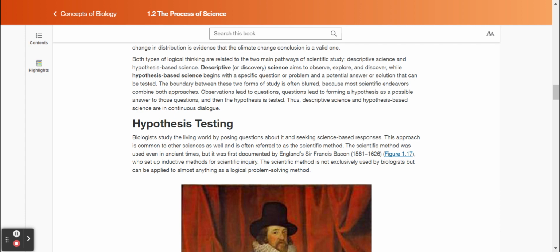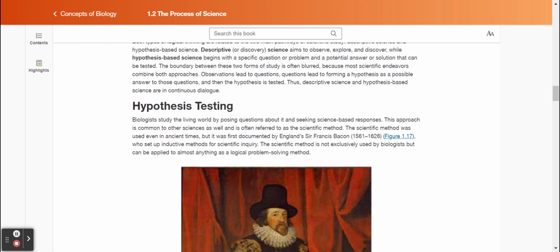The boundary between these two forms of study is often blurred because most scientific endeavors combine both approaches. Observations lead to questions. Questions lead to forming a hypothesis as a possible answer to those questions, and then the hypothesis is tested. Thus, descriptive science and hypothesis-based science are in continuous dialogue.